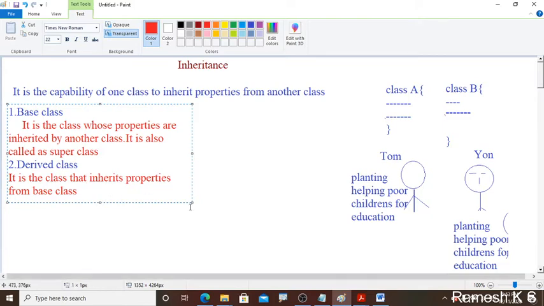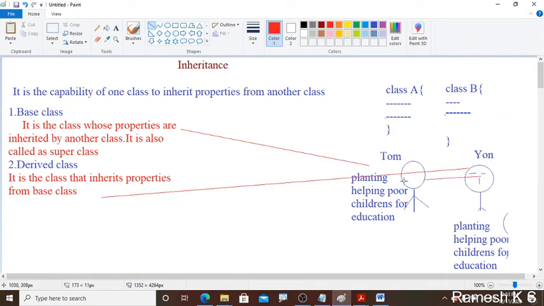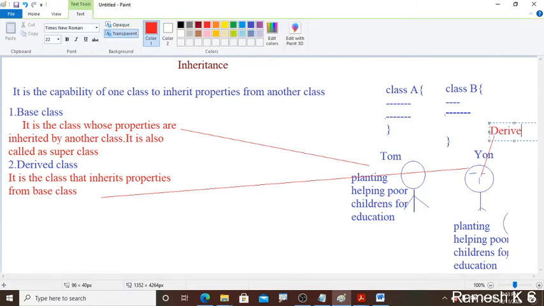See, in this example you can observe. This is the base class, and this is the derived class. Here you can observe it is a class that inherits the properties from the base class. It is inheriting from the base class, correct? So it is a derived class.